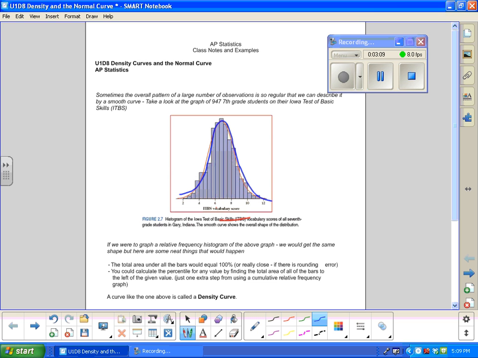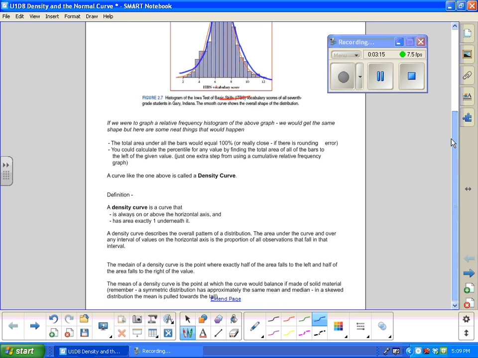There are a few things that we know about density curves that happen with every single one. A density curve will always lie above the horizontal axis, because it's always going to give you percents, and we'll never have negative percents.